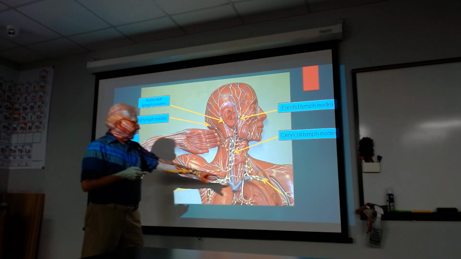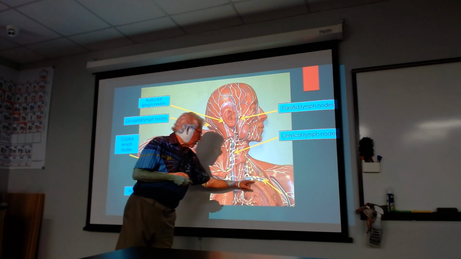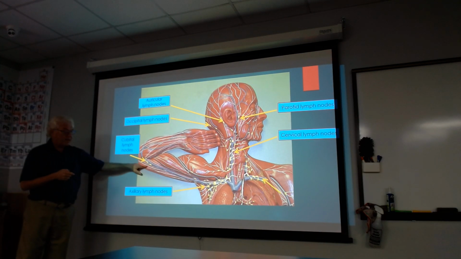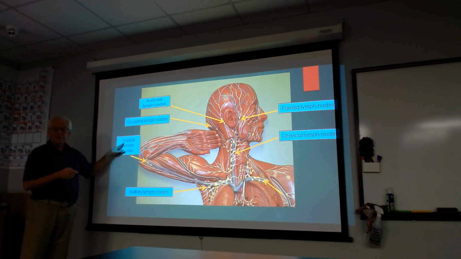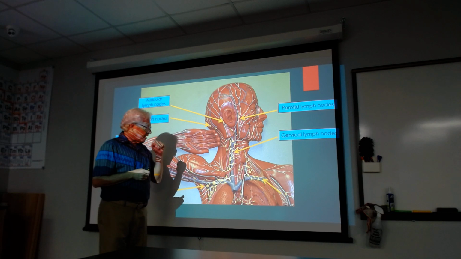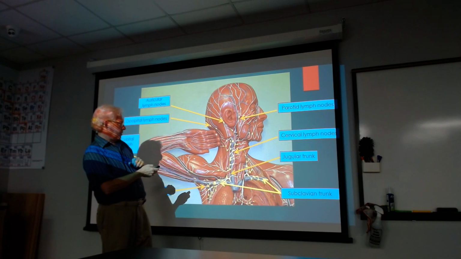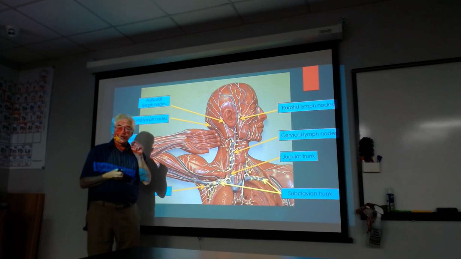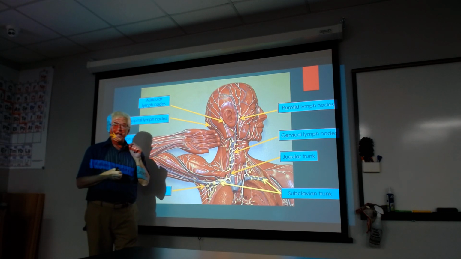All right, now I see that I've left off the name here. That's okay. Let's talk about it. Oh, by the way, in the crook of your elbow, cubital. All right. What I want to say is we also have, there it is. I knew it was going to come up. We have trunks. Okay? Again, what's a trunk?